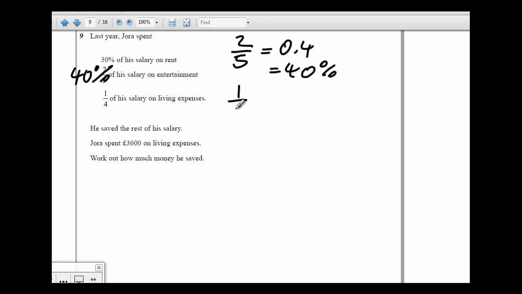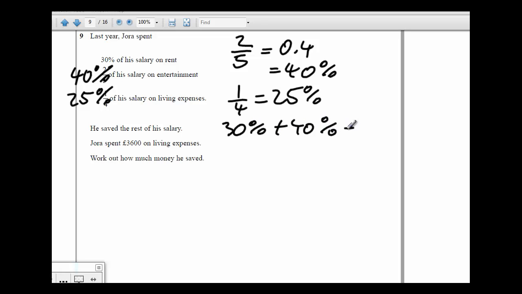One quarter, well, I know that's just the same as 25%. So, if he spent 30% plus 40% plus 25%, that means he spent 95% of his salary.